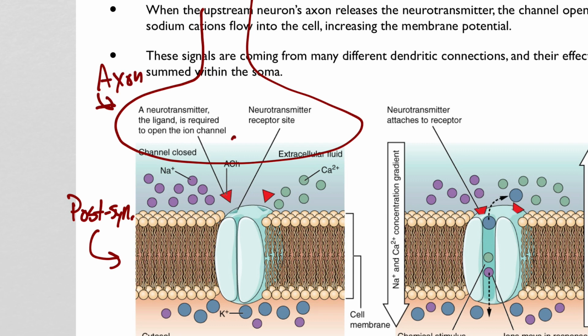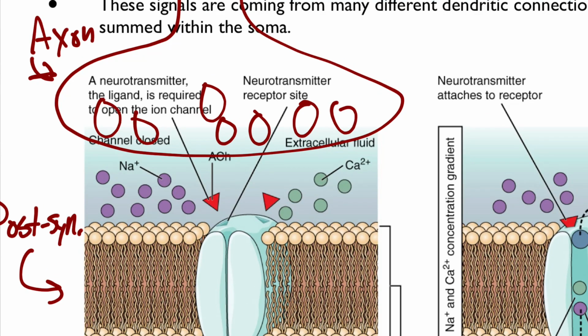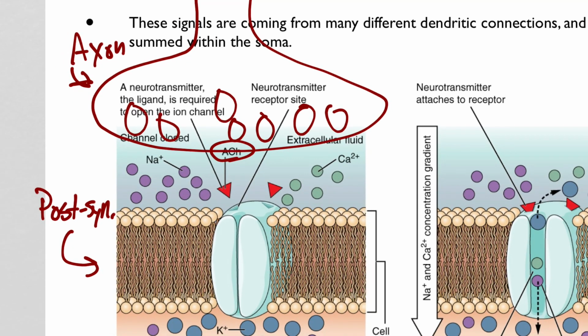And that axon terminal is going to contain a bunch of vesicles filled with neurotransmitter. So this particular neurotransmitter that they're using as an example here, ACh, stands for acetylcholine. Those acetylcholine molecules are going to be kept up in these vesicles inside the axon terminal. And when this axon gets an action potential, it's going to release those neurotransmitters into the synapse.